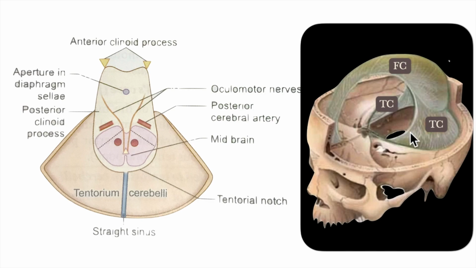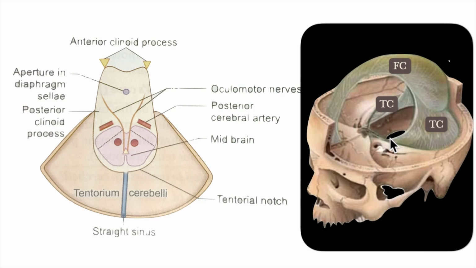Obstruction of the subarachnoid space at this tentorial notch leads to communicating hydrocephalus. In hydrocephalus you study communicating and non-communicating types. Communicating hydrocephalus means obstruction to the subarachnoid space in the tentorial notch area, where it is very narrow.